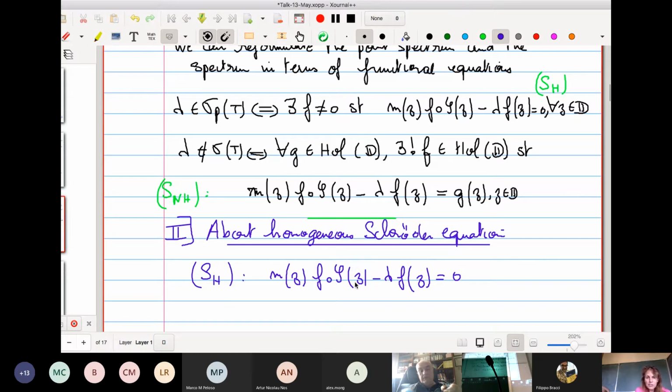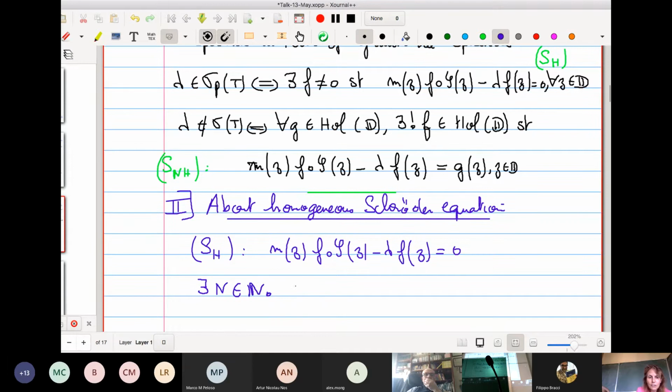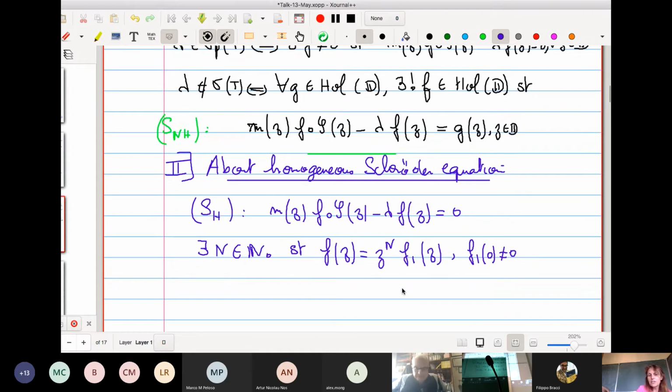And the first thing to do is just to identify the multiplicity of 0 as a zero of F. It means that there exists an N, maybe equal to 0, such that F is equal to z to the N times a certain F1, where F1 at 0 is not 0.